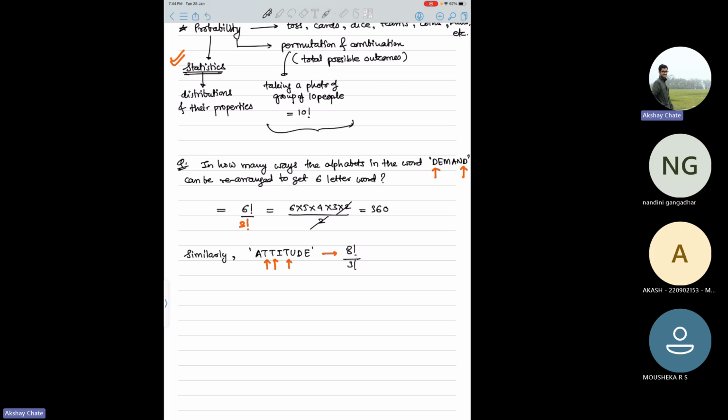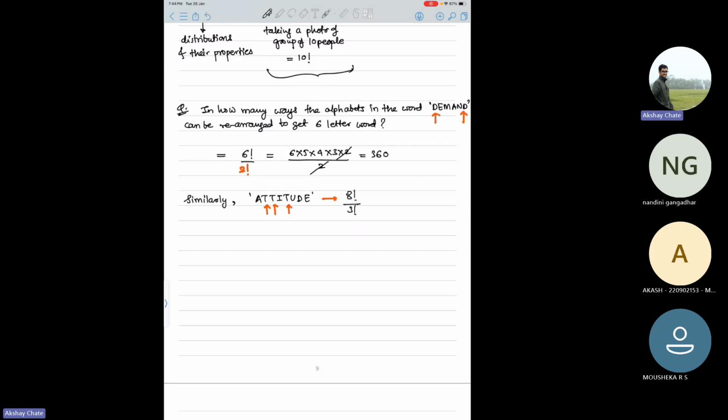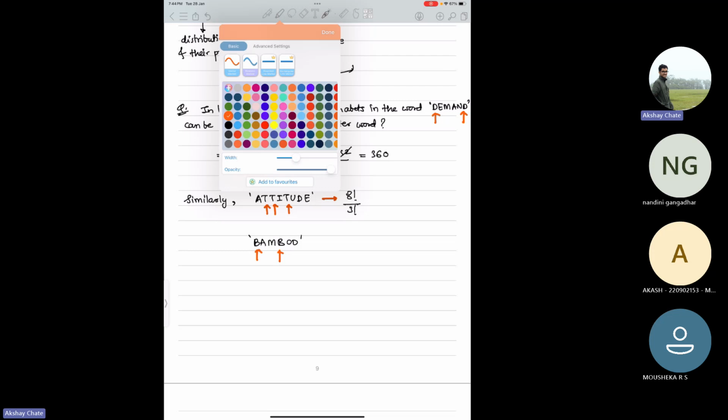But there can be other combinations where you have multiple repetitions. For example, if you have a word like bamboo, you notice B is repeated 2 times, as well as O is also repeated 2 times.